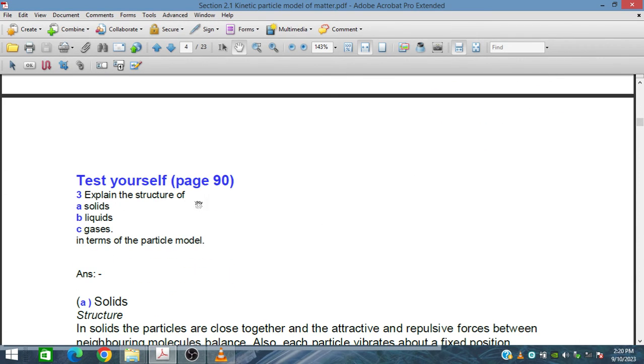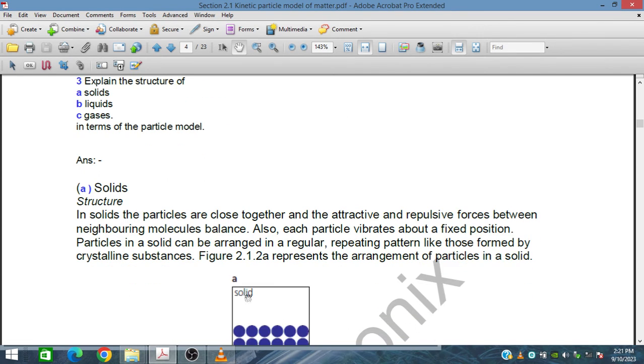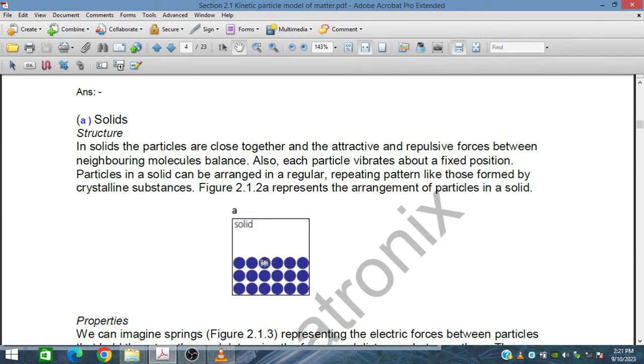Teach yourself on page 90. Here we have explained the structure of solids, liquids, and gases. In solids, the particles are close together, and the attraction and repulsion forces between neighboring particles balance. So this is the arrangement, and each particle vibrates about its own fixed position.